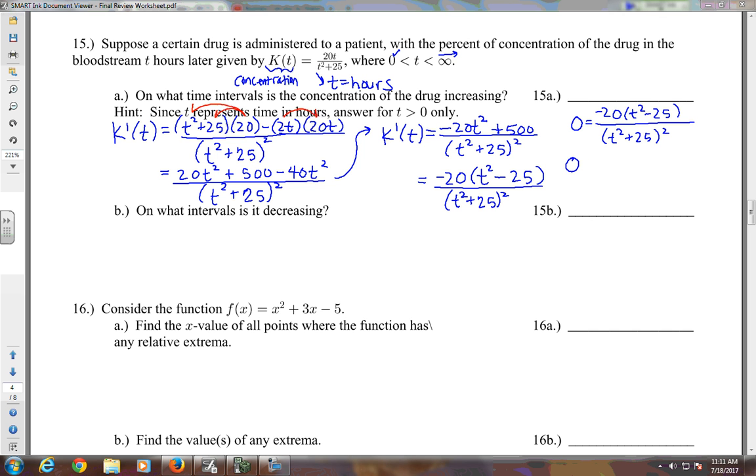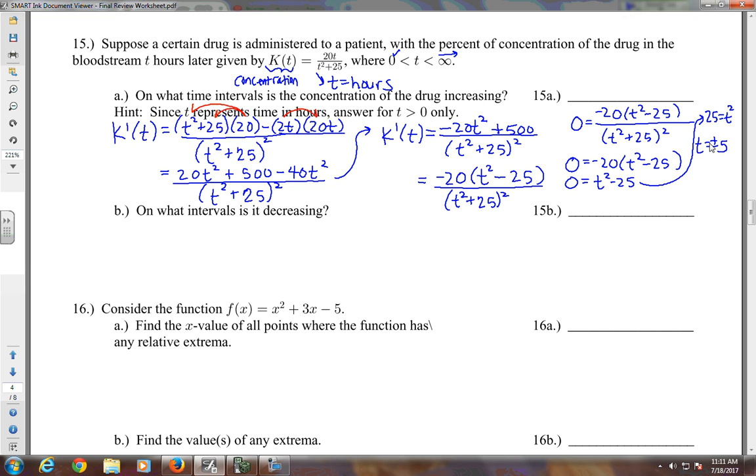So we end up with 0 equals negative 20 times t squared minus 25. Divide both sides by negative 20. It cancels on the right, zeros out on the left. Almost there. Add 25 to both sides. And notice we get t equals plus or minus 5.